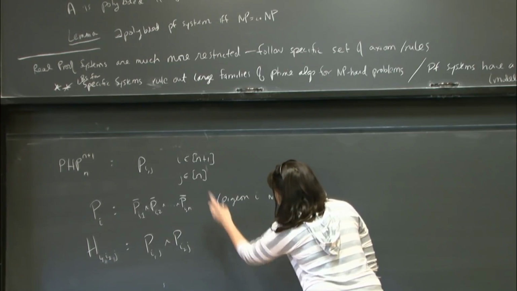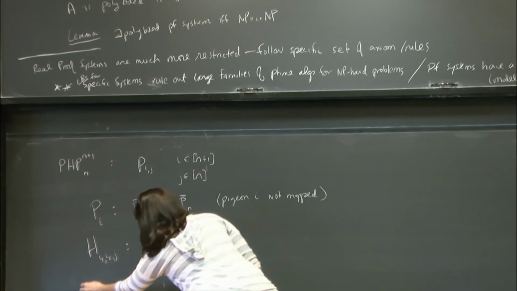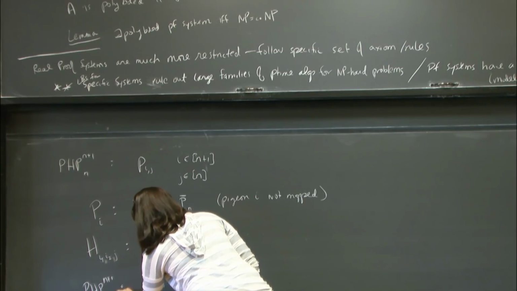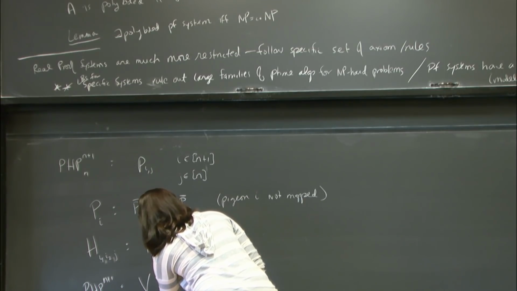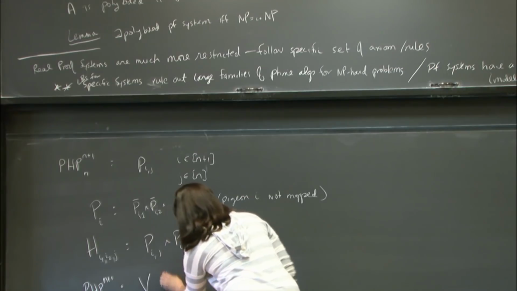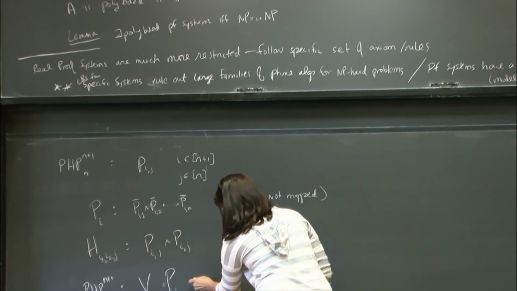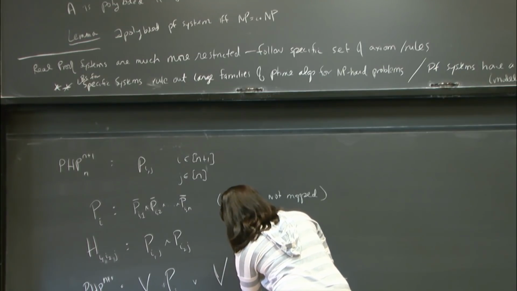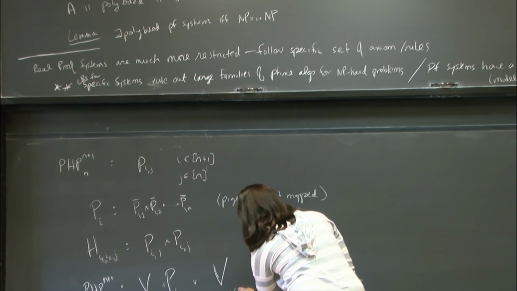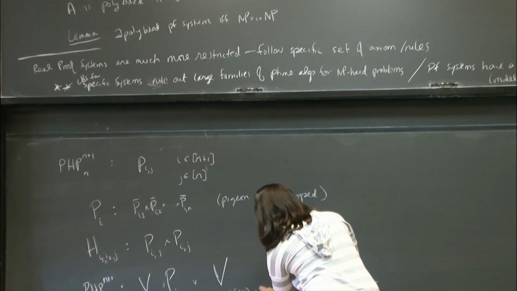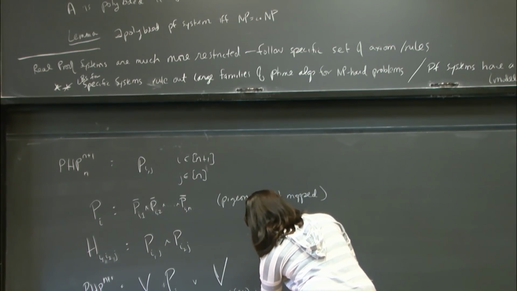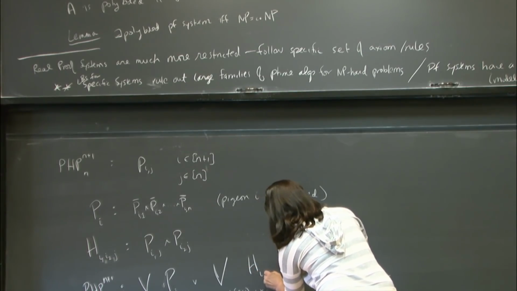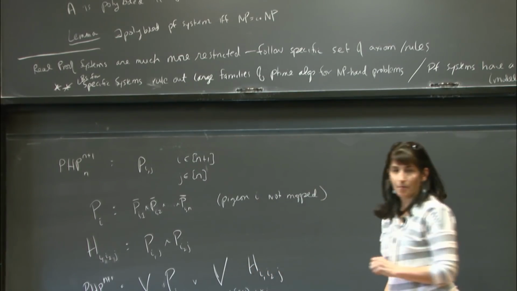And then the pigeonhole formula says the OR over i in n plus 1, so either some pigeon gets unmapped, or some two pigeons, i1 and i2, map to the same hole j.